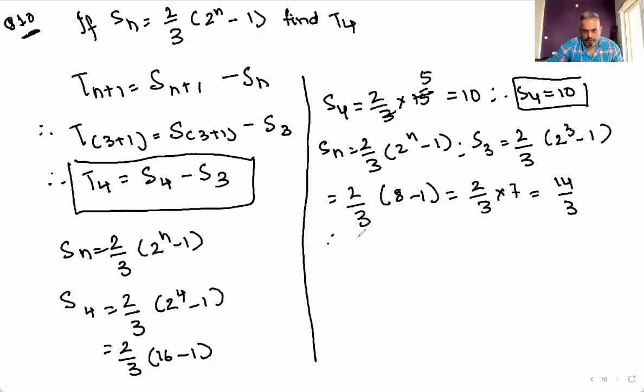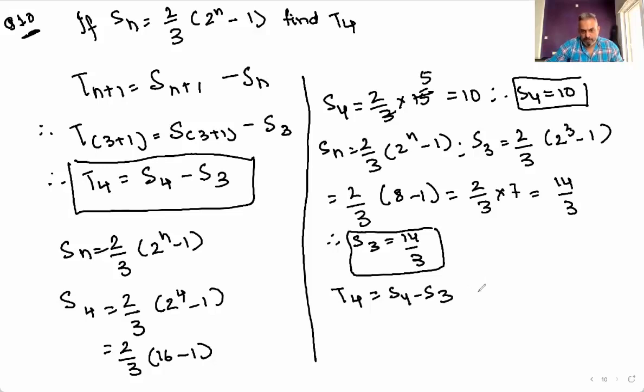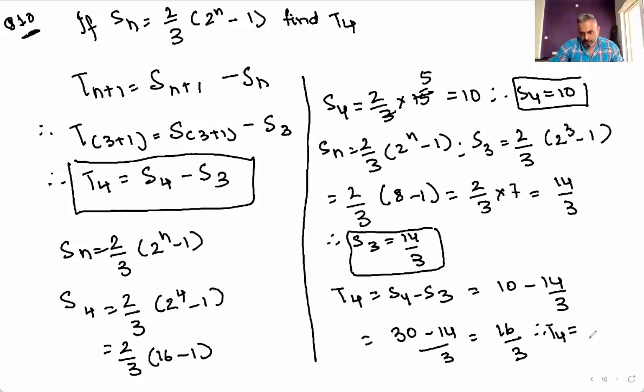So therefore S3 is equal to 14 by 3. So T4 is equal to S4 minus S3, which is equal to 10 minus 14 by 3. We cross multiply, 10 threes are 30 minus 14 by 3, which is equal to 16 by 3. Therefore T4 is equal to 16 by 3. Answer.